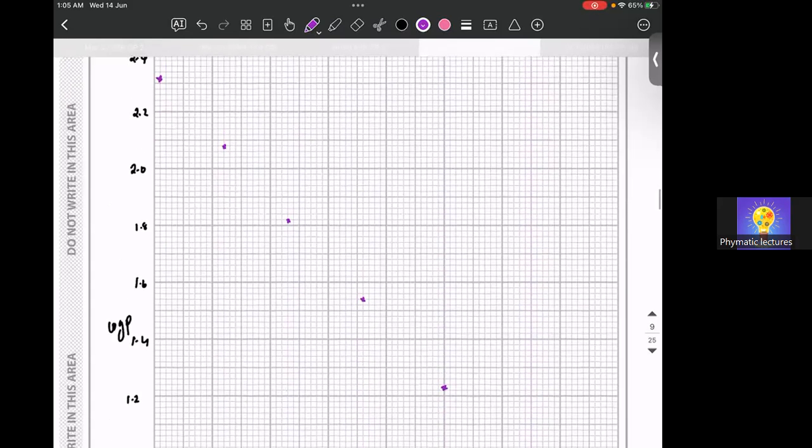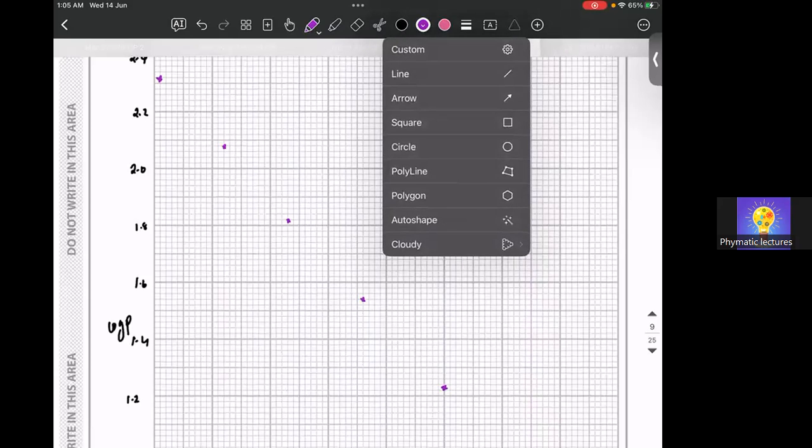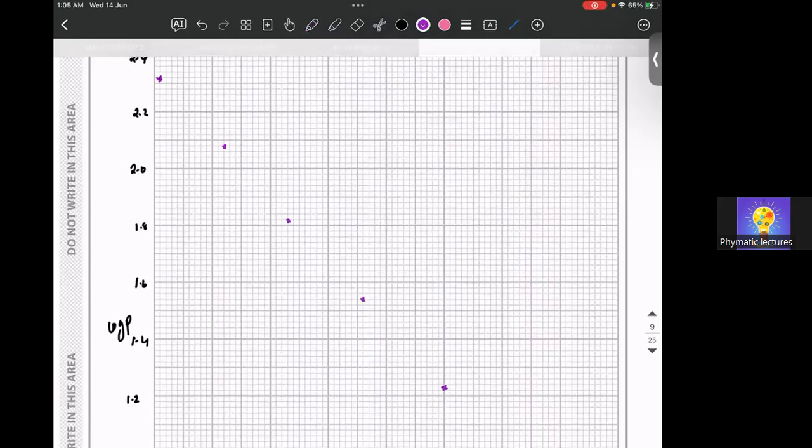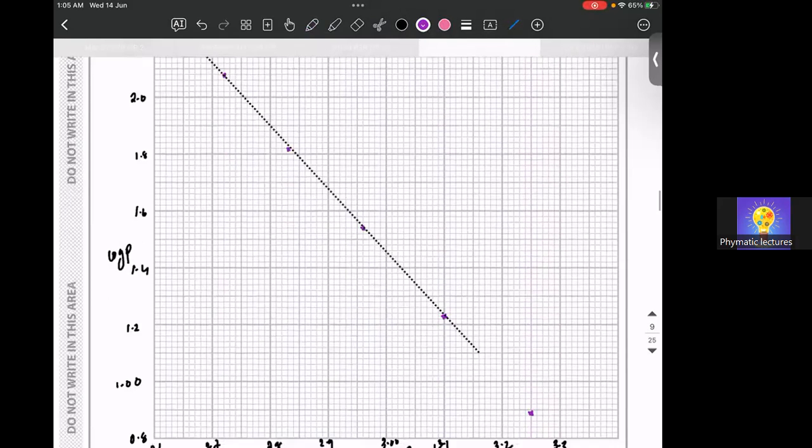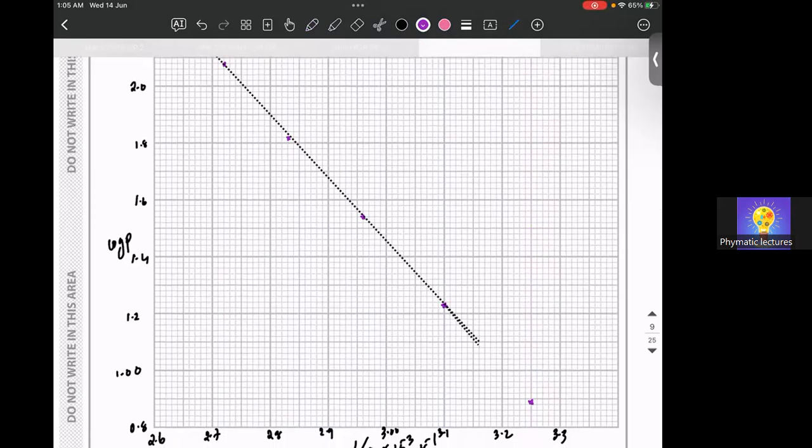Then after noting down the points, you try to draw a line of best fit. So this is our line of best fit.